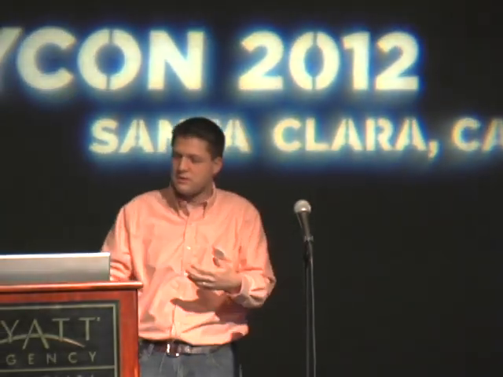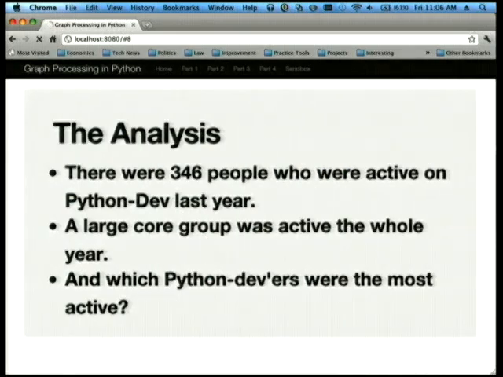There was a lot of give and take, back and forth among all the major contributors to Python dev. It divided into about 150 people in the core, and then the secondary group was the rest of the 200.